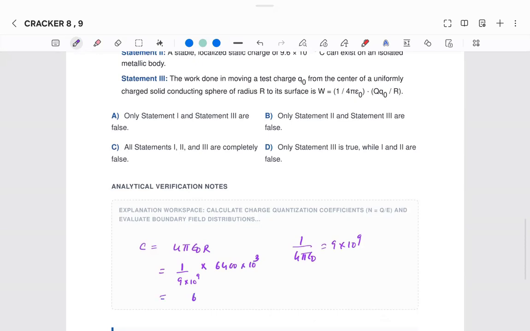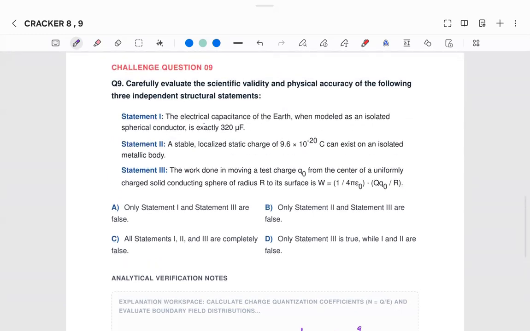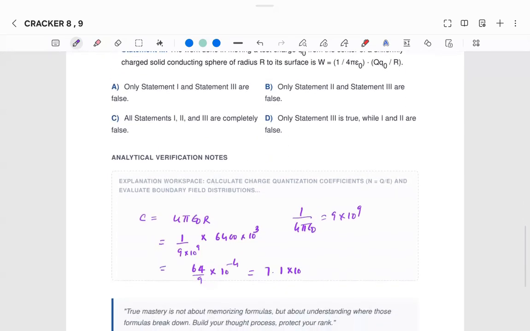So we can write 64 by 9, 10 power minus 9, into 10 power 5 by 10 power 9.